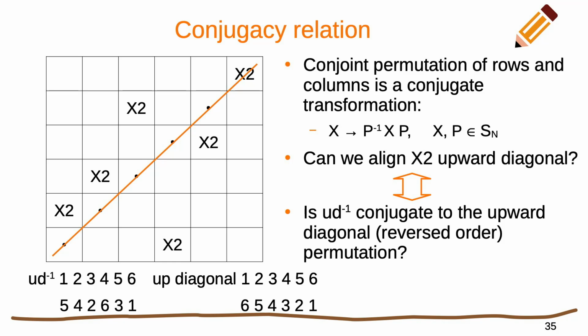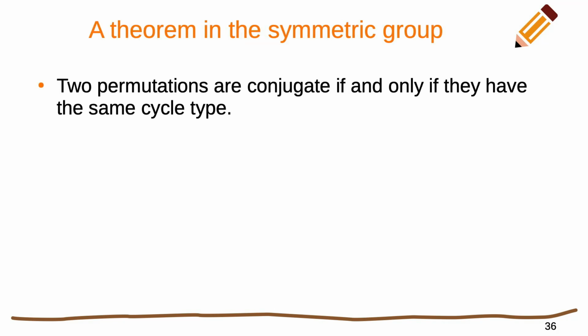So our question becomes: is the arrangement of x2, or UD inverse, conjugate to the upward diagonal permutation? With this translation, we can now take advantage of a well-known theorem from group theory. Two permutations are conjugate if and only if they have the same cycle type.